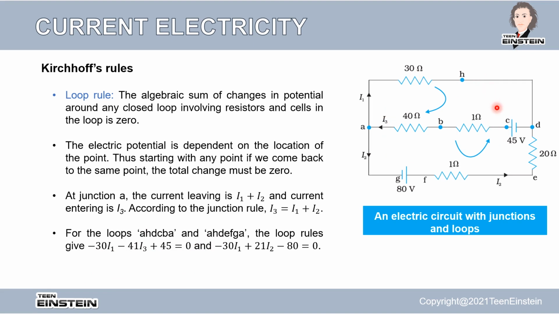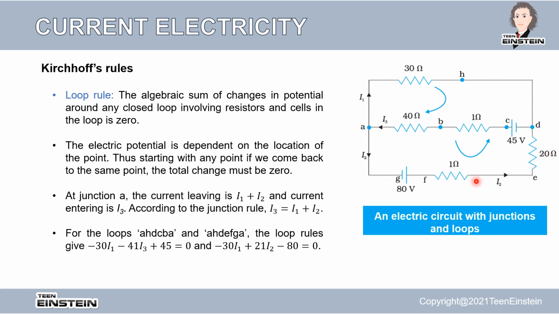Similarly, if we apply the same thing to the loop AHDEFGA, we take this full loop. Let's do the same thing again. We have minus 30 I1, and then we come here and here.